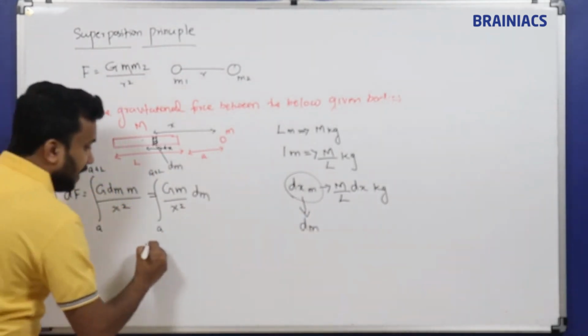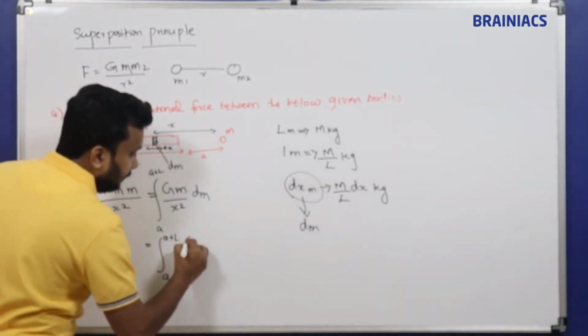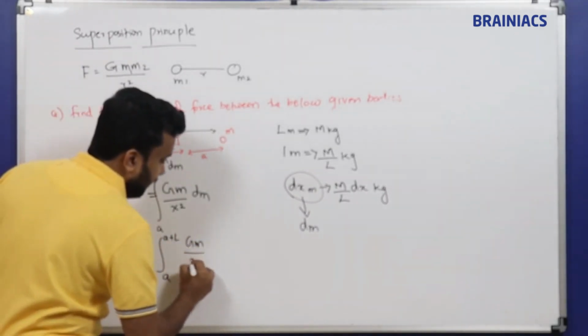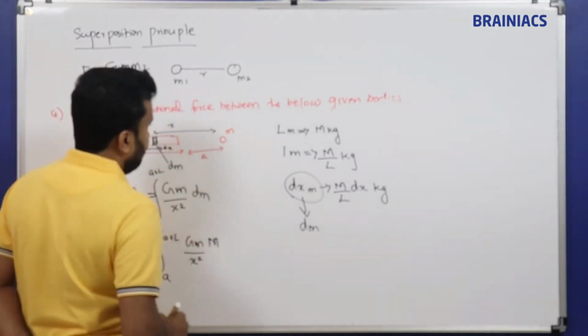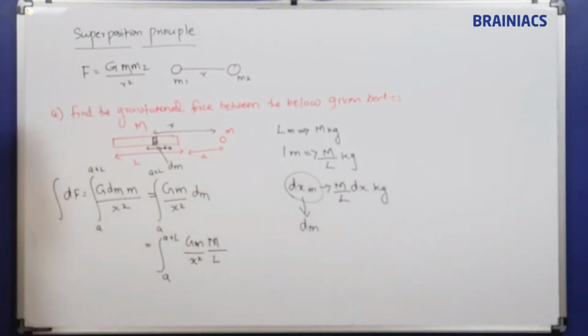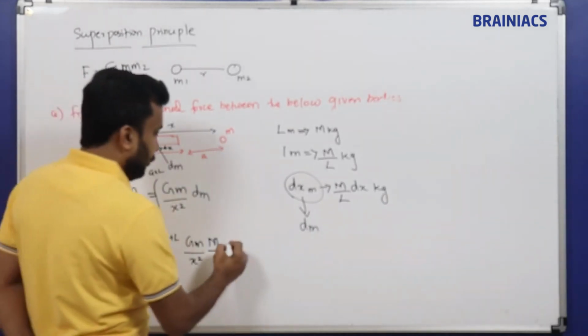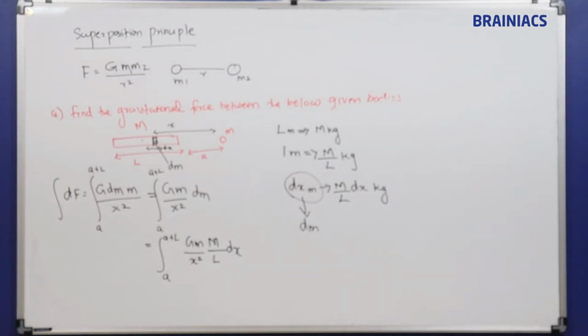Now for this dm I am substituting, in the integral A to A plus L, G M divided by x squared, dm equal to capital M by L into dx.